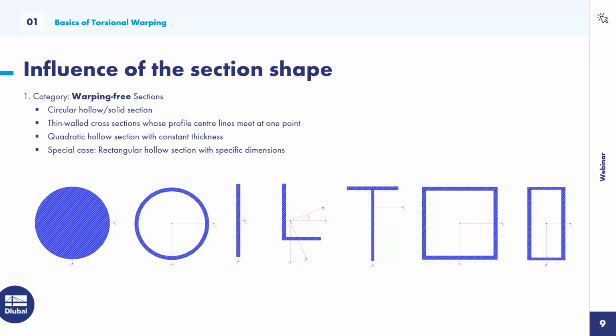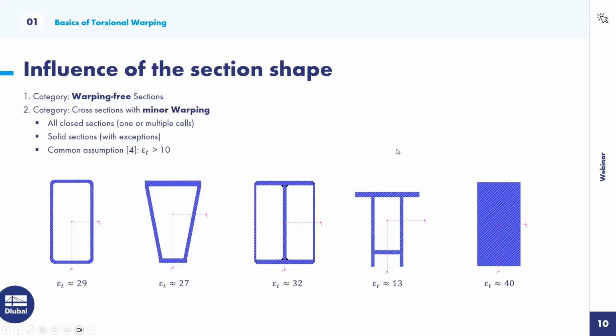Then there is the second category, the category of minor warping cross sections. The warping stiffness of such sections is not 0, but relatively small compared to the torsional stiffness.